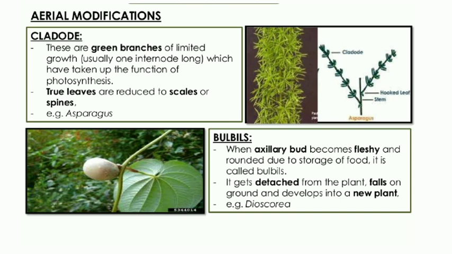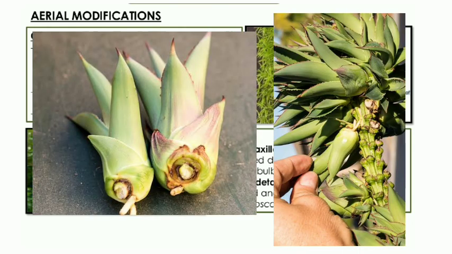It gets detached from the plant, falls on the ground and develops into a new plant. Example is Dioscorea. One more example is Agave. You can see in the diagram clearly the plant has many Agave bulbils. So these many bulbils fall down and develop into new Agave plants, right?